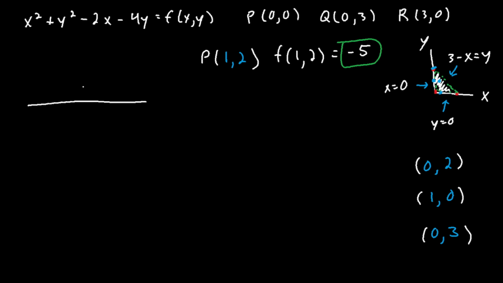And then if we make a little chart here, let's get our xy values here and our z values here. Z, or same thing, our function value. So this is just z. If we plug in 0, 2, 1, 0, and 0, 3 here for xy values, what do we get for z? Well, let's be tedious.